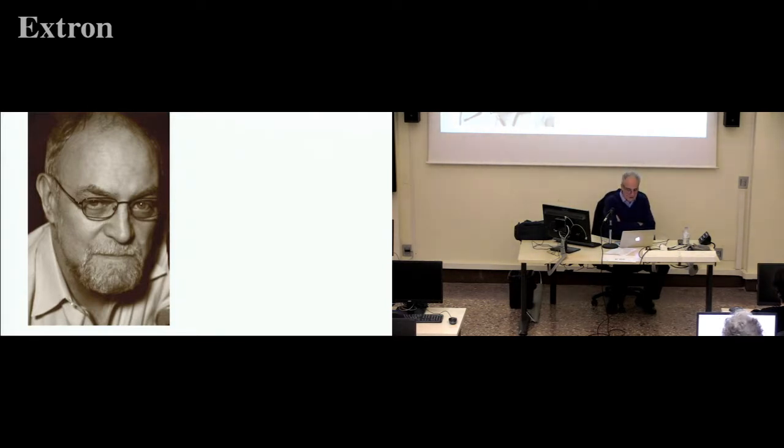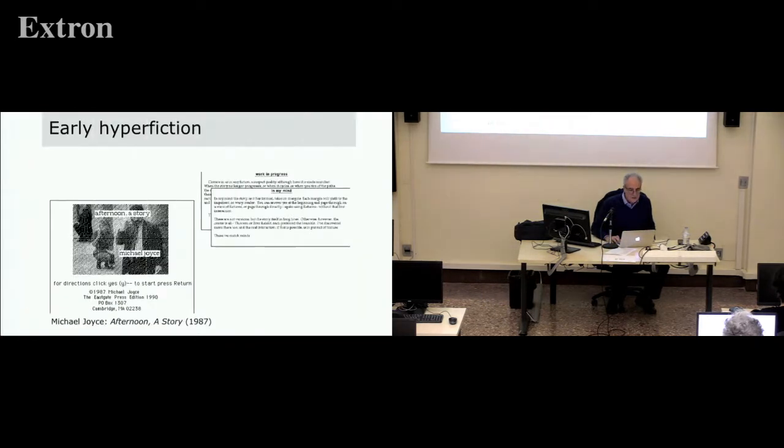Joyce wrote an important work, Afternoon, a Story, which was published in 1987 by Eastgate Systems. It's a publishing house in Massachusetts, and it's been a pioneering publishing house. If you go to their website, you find a lot of these early works. You can buy them, of course, if you have a way of running them.